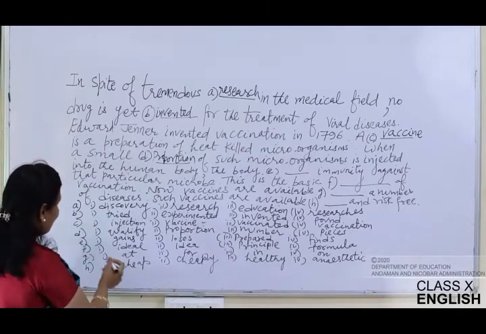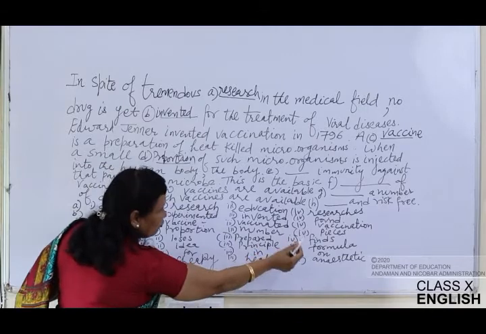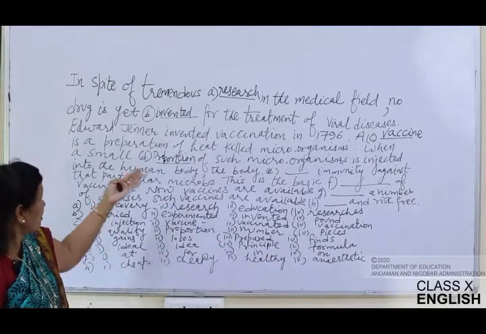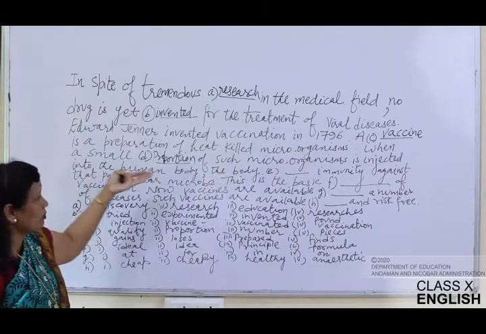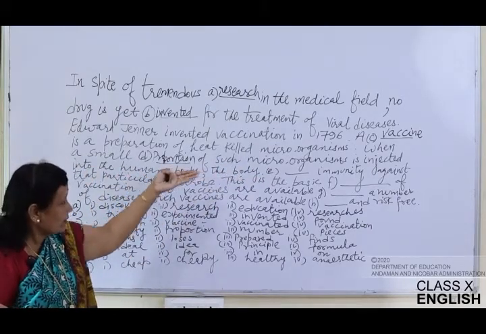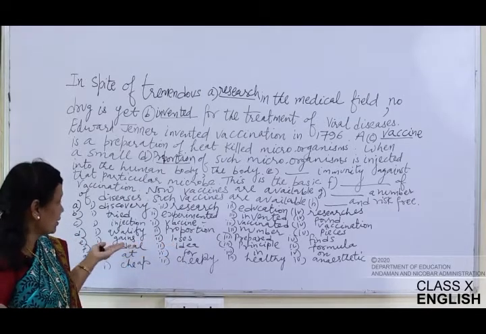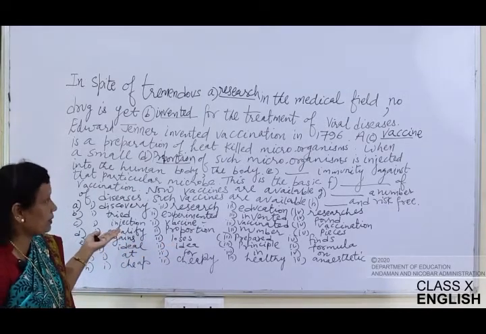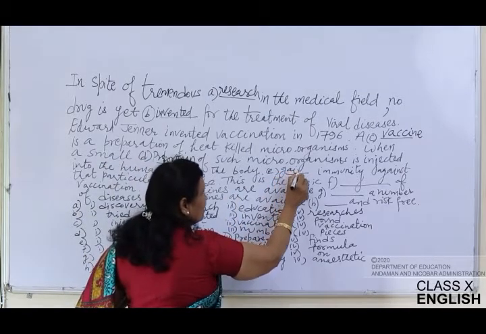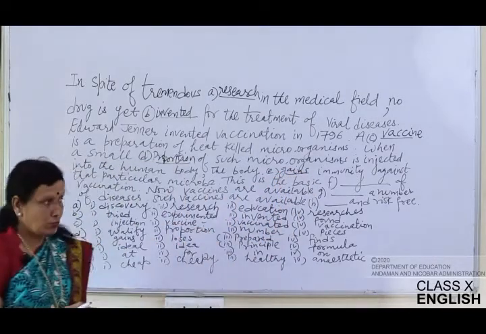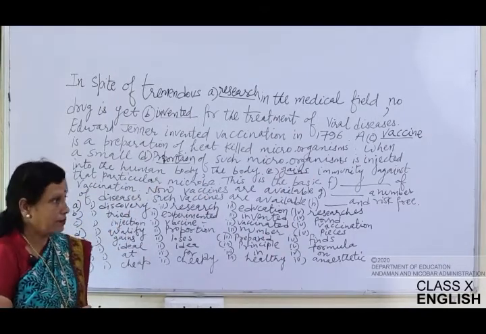Now look at E: gains, loses, prepared, finds. What will happen? The body is not going to lose, it is going to gain immunity. So the body gains immunity against that particular microbe.